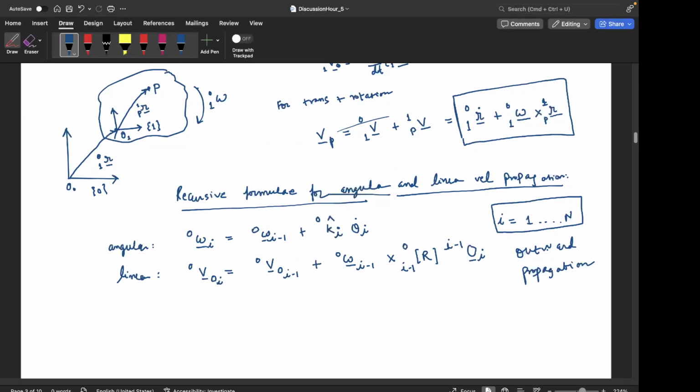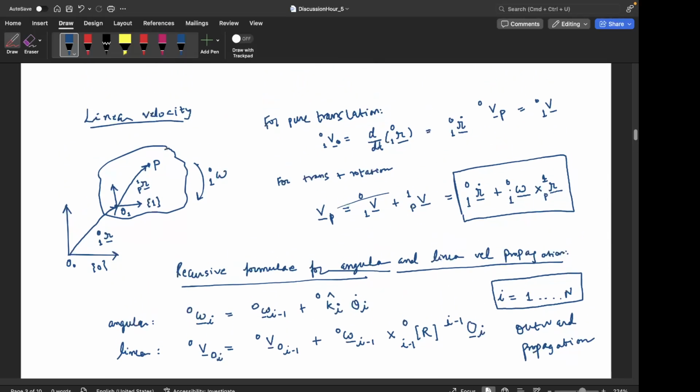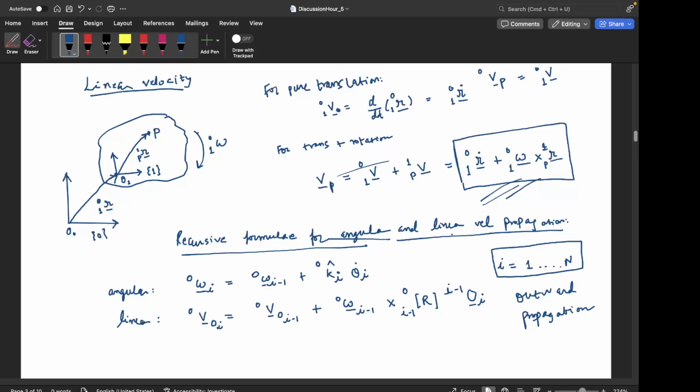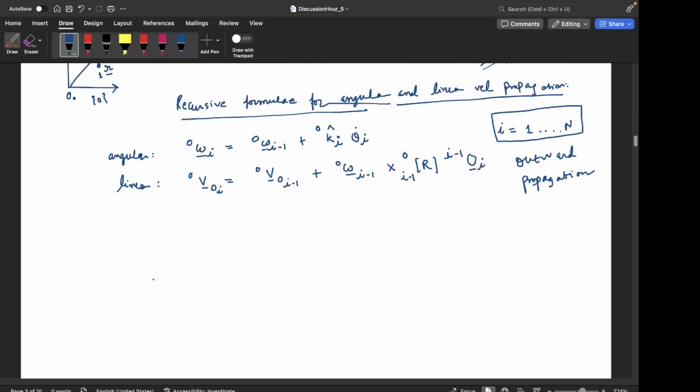Okay, so what I just described right now was the deduction. So I will just go through it once again. So I hope this part, how we are writing this, is clear, right? If that is clear, then we can basically apply the same thing in a serial manipulator's case. So let's say if I draw these links, right?